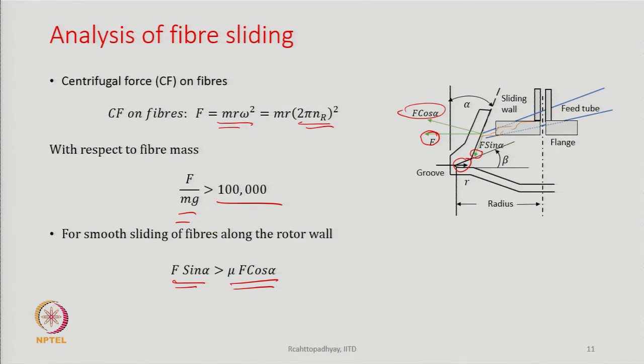So, this condition has to be met so that the fibers can go down, and this gives you the condition that tan alpha should be greater than mu. So, the mu value depends upon the type of fiber that we process and the type of finish that has been given to the inner wall of the rotor. That decides the value of mu.